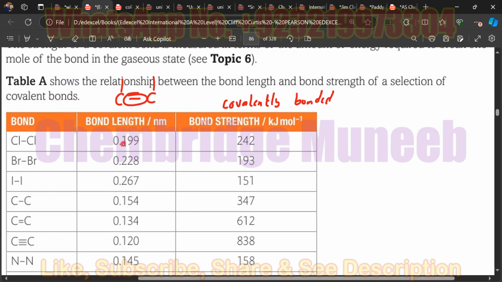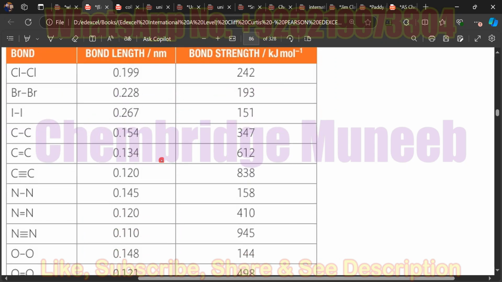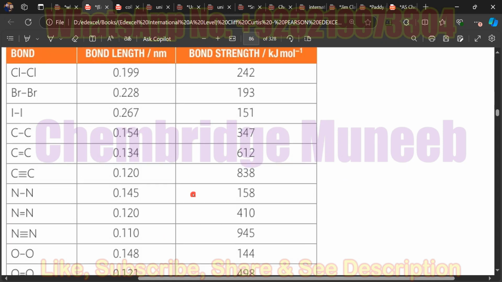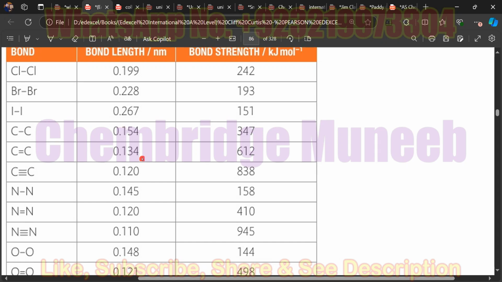So bond length represents the distance from one atom to the other within the covalent bond. So we have a complete list here, and we do not need to remember these values, but we will need to use these values in our calculations. We are expected to use these values in our calculations.